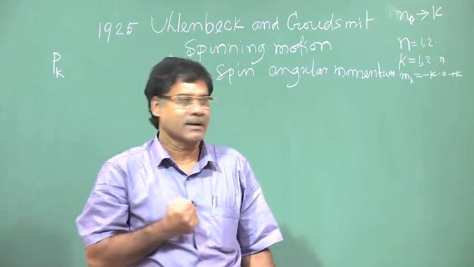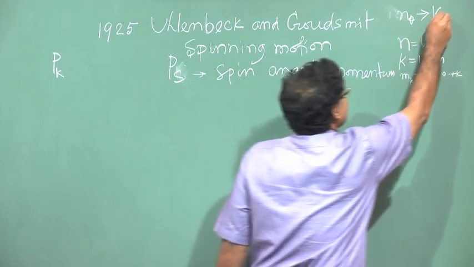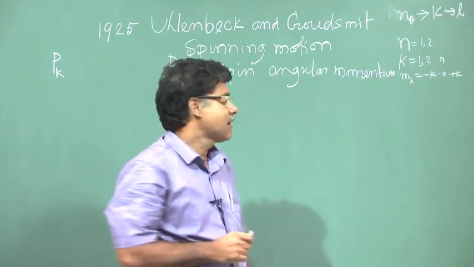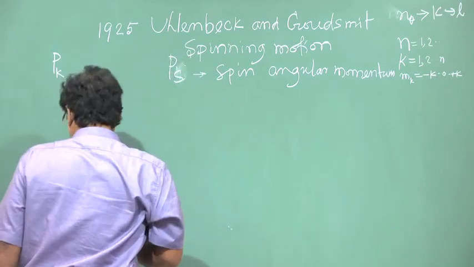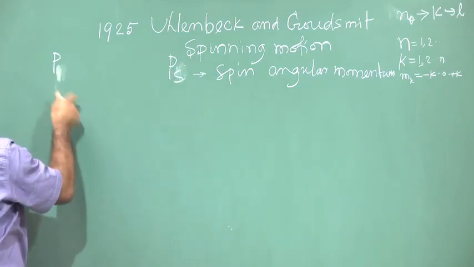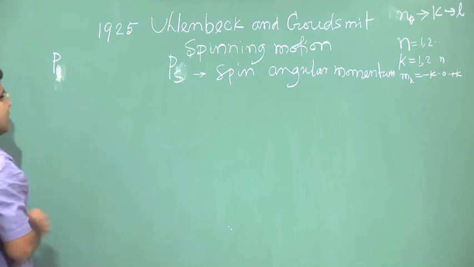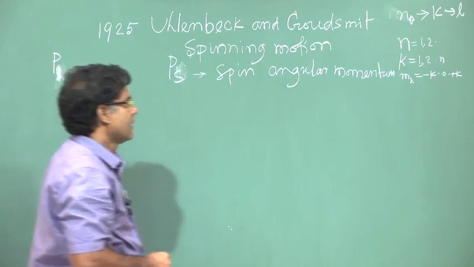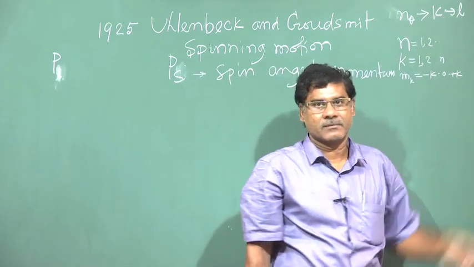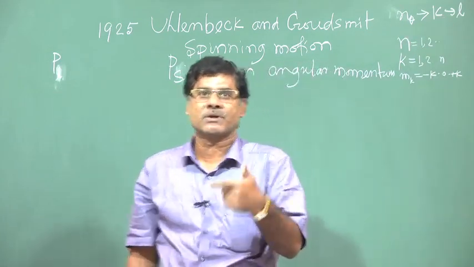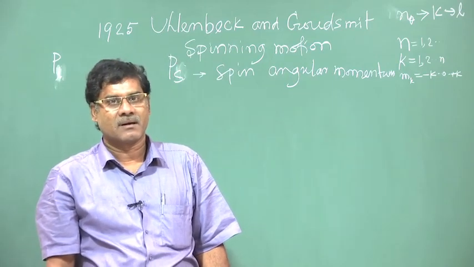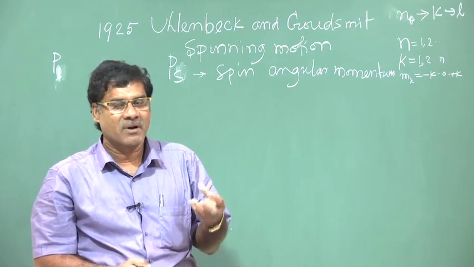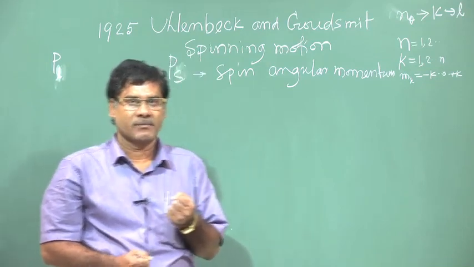So, now I will change this K to L. I will write L, not K, but it is the same thing. The only difference is that the K values we have taken were 1, 2, 3 up to n, and K equal to 0 was not allowed. So, the total number of K values is n.